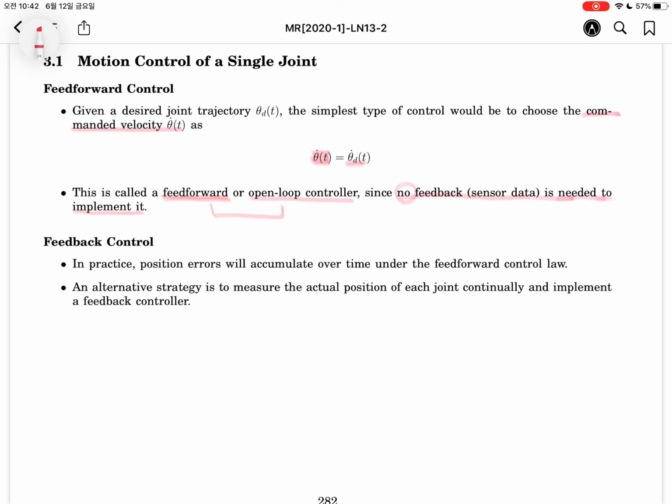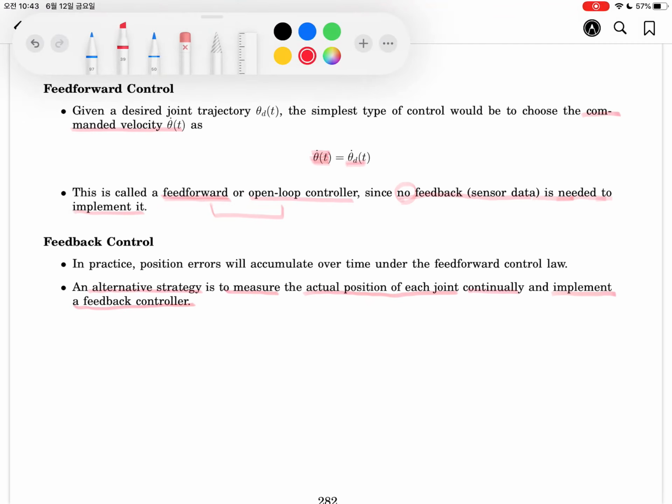If you use the velocity control mode using the feedforward control only, maybe the error will accumulate because there is no feedback. The actual position is not reflected in the control input. So I think the error will diverge as time progresses. The alternative strategy is to measure and reflect the actual position of each joint continually and implement feedback control.